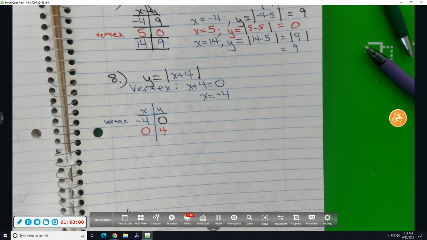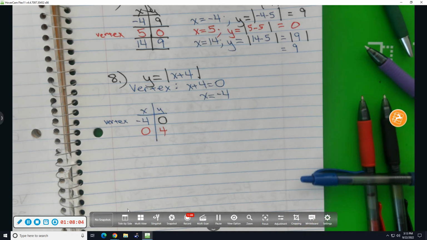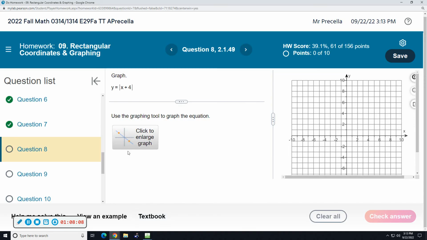So to graph this absolute value expression, I'm not telling you what numbers to plug in. You have to know where the inside stuff is equal to 0. That's the vertex. That's what I found first.